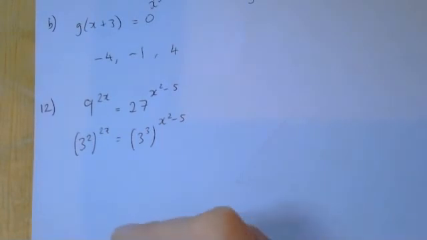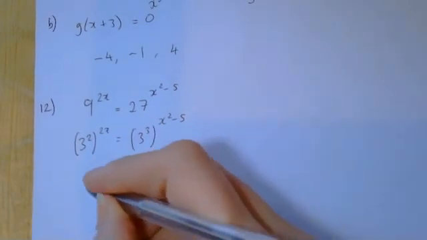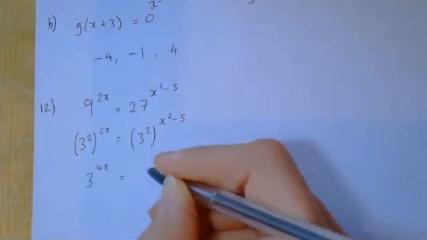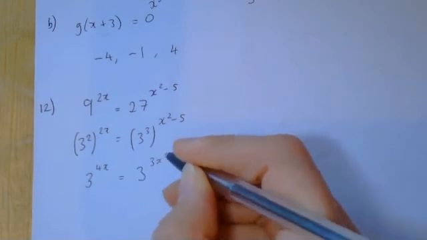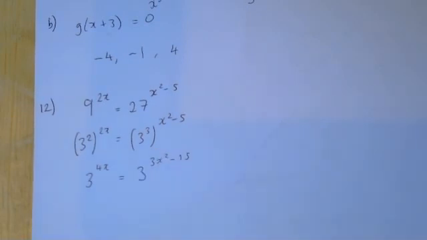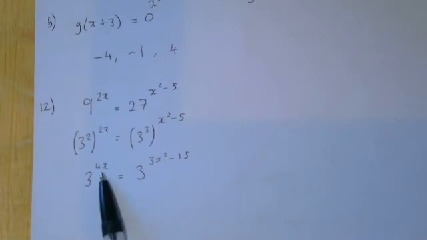I'm going to say that that is 3 squared, and that is 3 cubed. Now, recall your laws of indices. A power to a power means that you multiply.